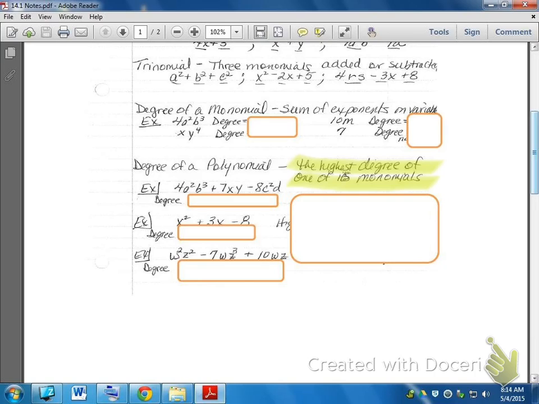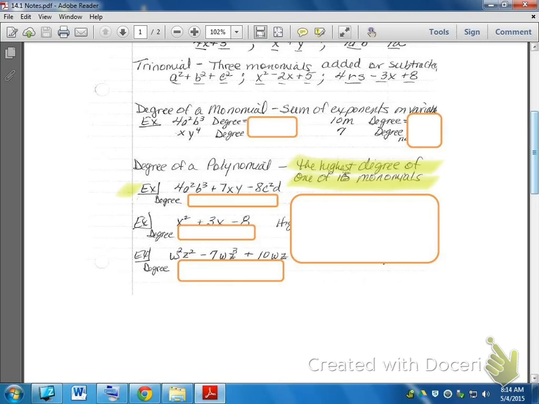So what that means is you're going to find the degree of each term and pick the highest one.